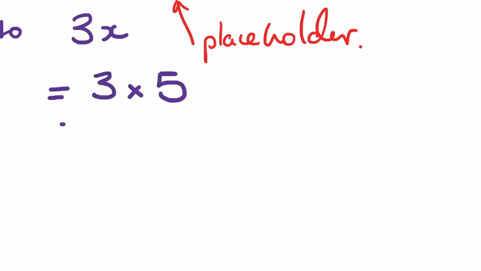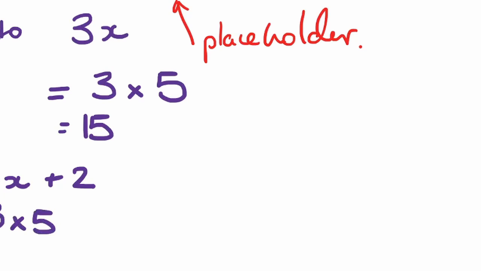If I want to extend this a little bit, I would go 3x plus 2. Again, we'll keep the value as 5, so then we would go 3 times 5 plus 2.